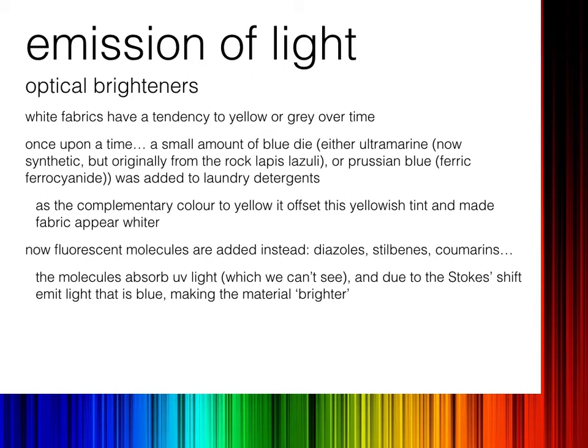These molecules take light that we can't see, UV light, and due to this Stokes shift, this downplay of energy, they turn it into light that we can, blue light. This blue light helps to offset any slight yellow colour within our whites. Optical brighteners are a massively important area in the domestic chemistry regime, and huge amounts of money have been spent on making things that make our whites better and better.